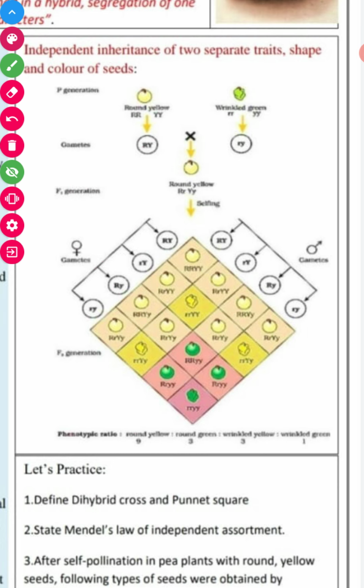All these possible outcomes combine in all these 16 pairs. So we will get round and yellow 9, round and green 3, wrinkled and yellow 3, and wrinkled and green 1.